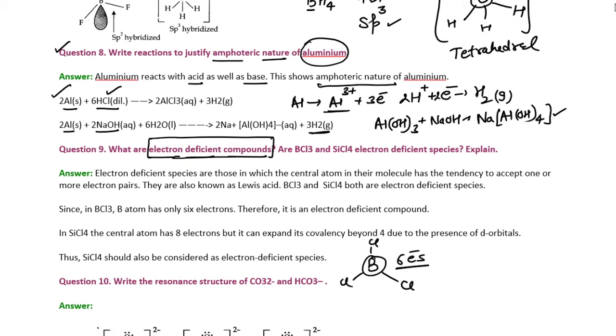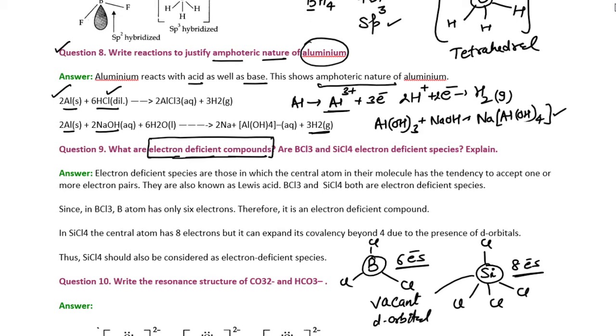And if you talk about SiCl4, though silicon has now 8 electrons in its valence shell, as it has vacant d orbital, if it is carbon, then it is electron precise, but silicon has vacant d orbital. That's why it is also considered as electron deficient compound, because silicon can accept electron pair.